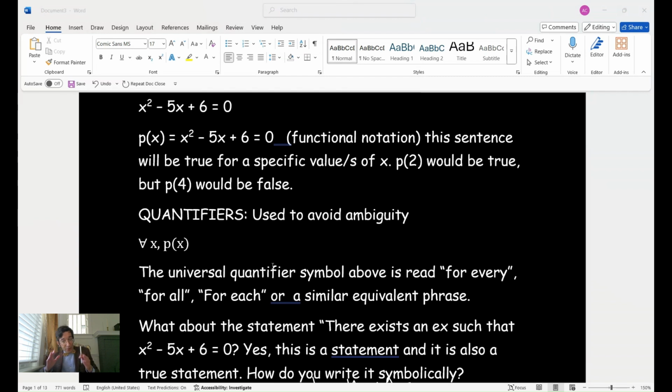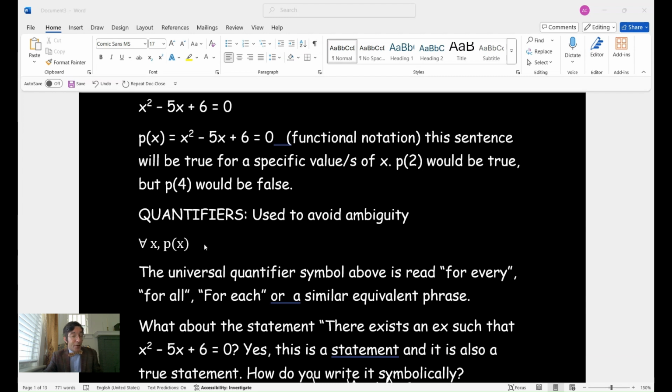But let's not forget, if you write P of x, that does not make it a statement. It waits in limbo. Its truth or falsehood hangs in the balance until x takes a specific value. So you have two examples here. When x equals 2, P of 2 is true. But if x equals 4, P of 4 is a false statement.